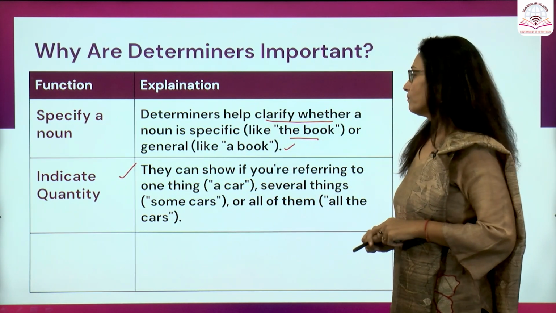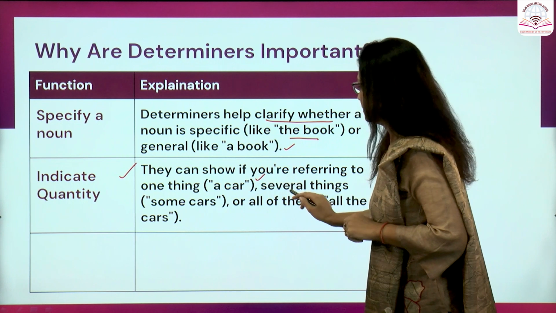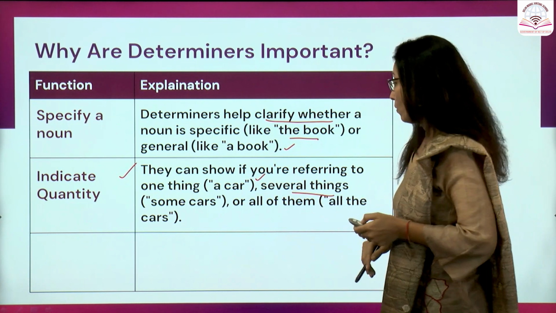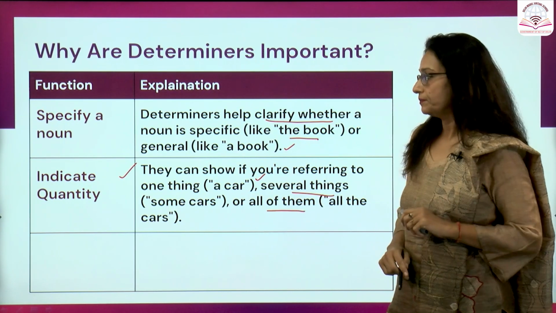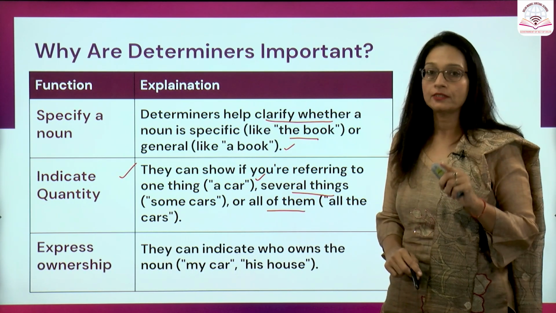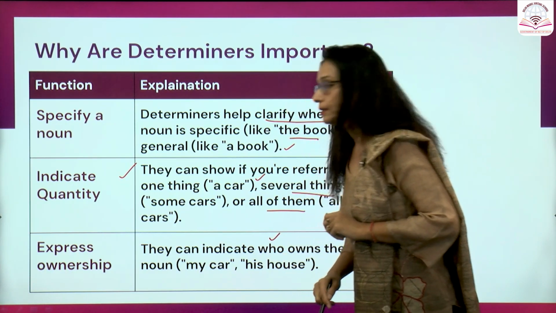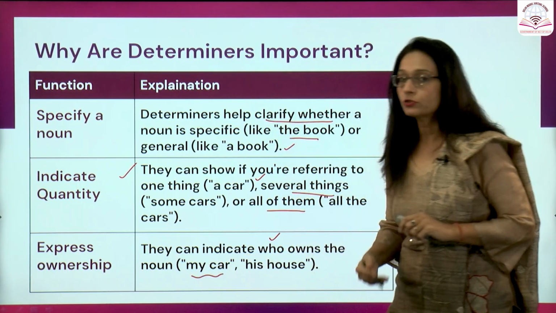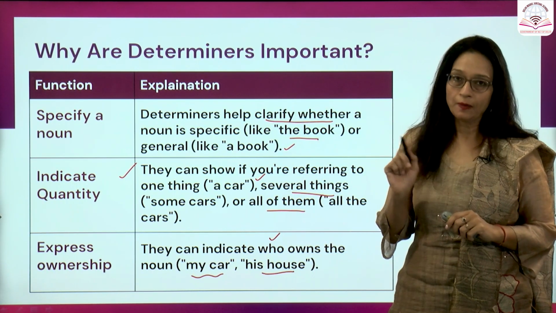They can show if you are referring to one thing, for example, a car, several things, for example, some cars, or all of them, as in all the cars. They also tell us about the ownership. They can indicate who owns the noun. For example, my car would belong to me. His house would belong to him.